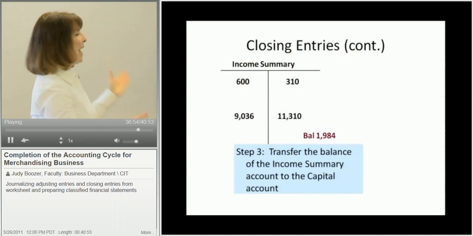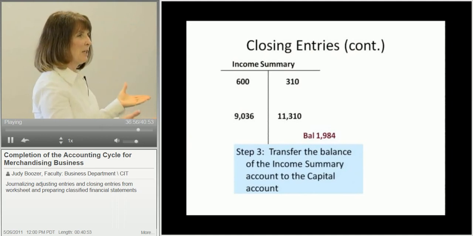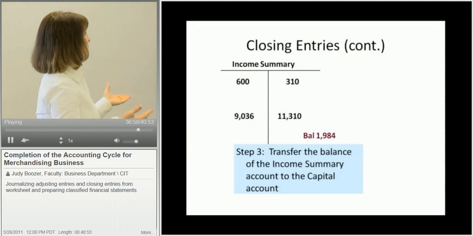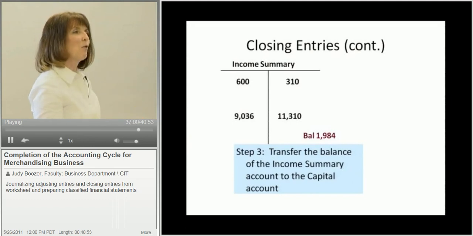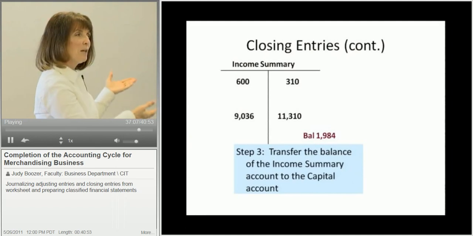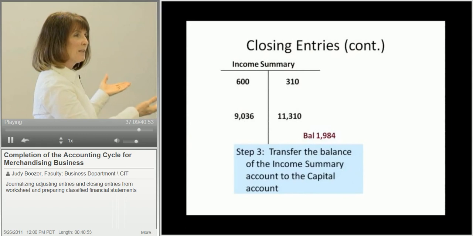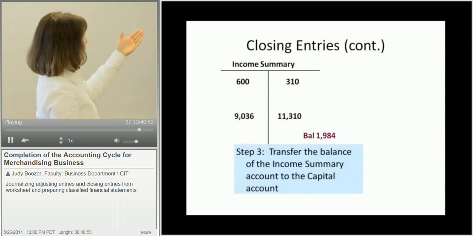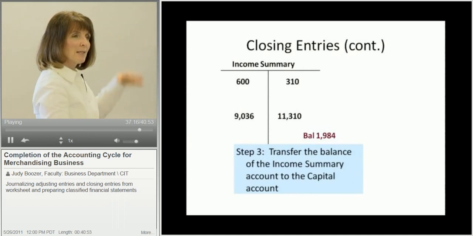So we have to add up both sides of income summary to determine what's the balance before we can close it. We have to add up both sides of income summary, both the debit and the credit. Find the difference, and that'll either be a debit or credit balance.